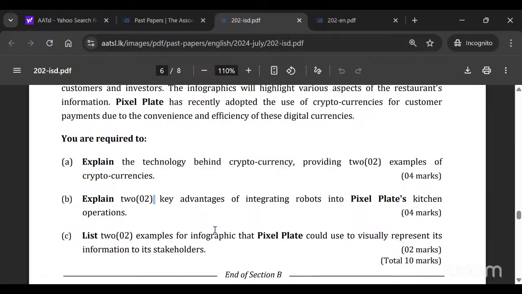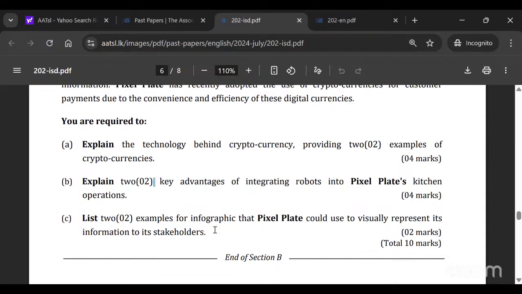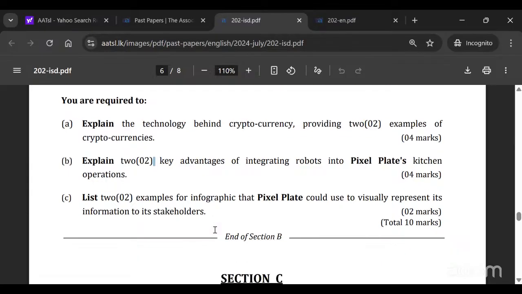Explain the technology behind the cryptocurrency, providing 2 examples of cryptocurrencies. Explain 2 key advantages of integrating robots into the Pixel Plate kitchen operation. List 2 examples of infographics data Pixel Plate could use to visually represent the information to its stakeholders.